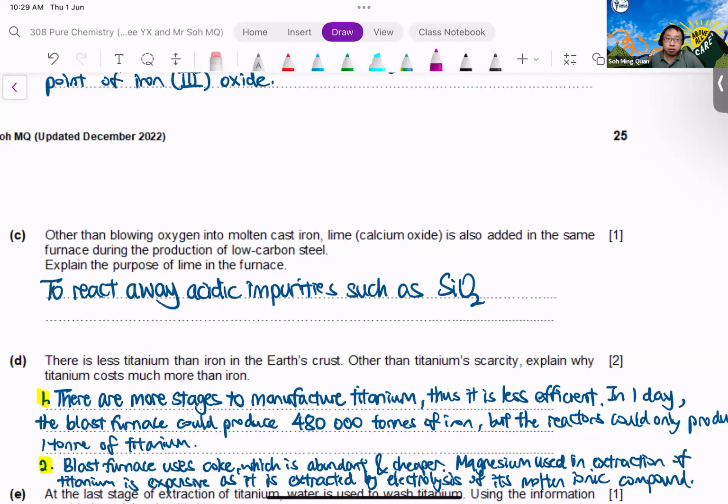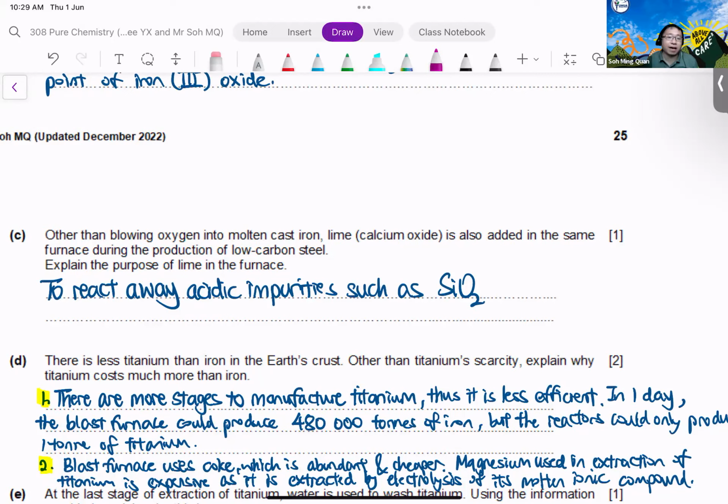So you got to relate costs to the chemistry of the procedure. So first, you know, to produce titanium, there are more stages, right? You can read, it's like 3 stages easily. So when you have more stages, every stage has its own yield. If you have more stages, the yield is less and less.